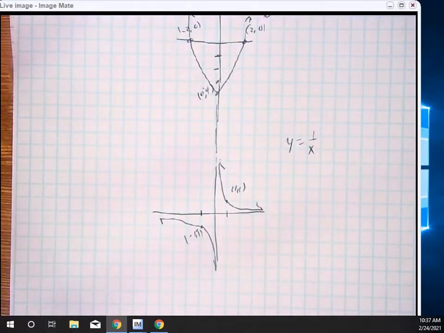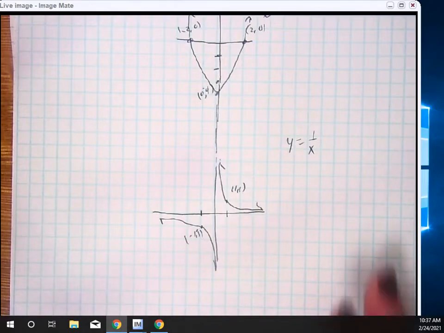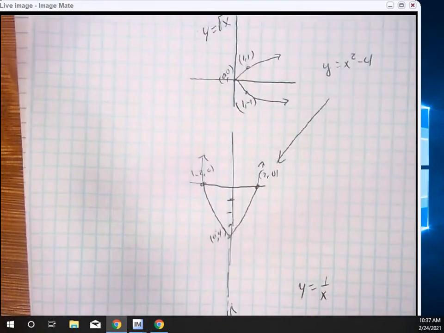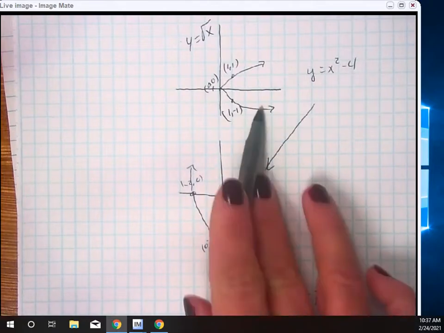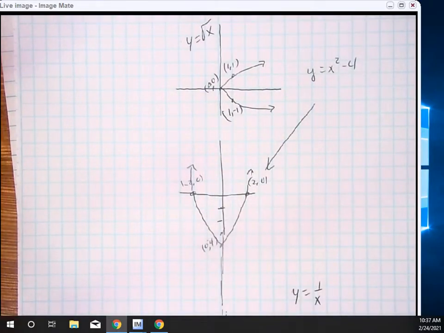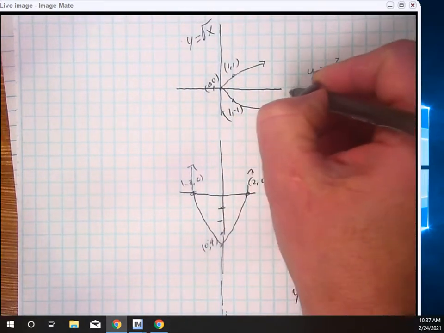Now, symmetry. What is symmetry? What's on one side is exact same as the other. Yeah, there's a mirror image. What's on one side is on the other. Looking at the first graph, what kind of symmetry do we have here? Across the x-axis. Yes, this is across the x-axis.